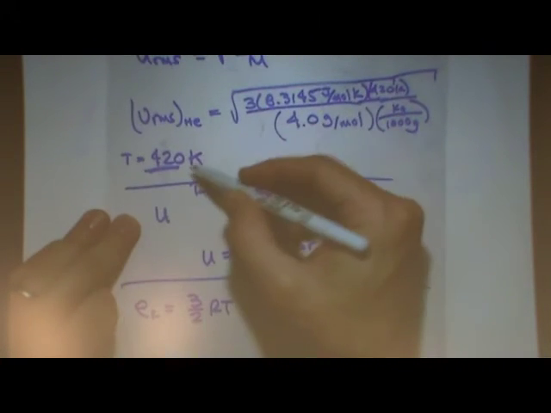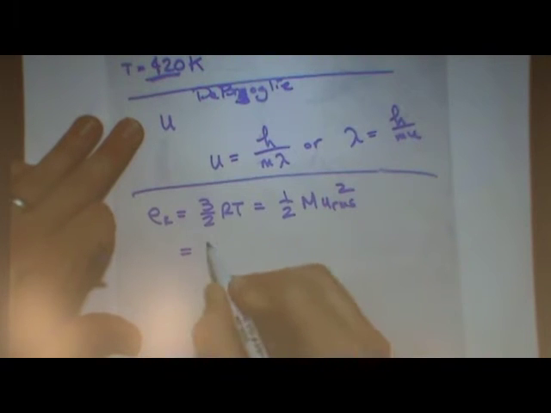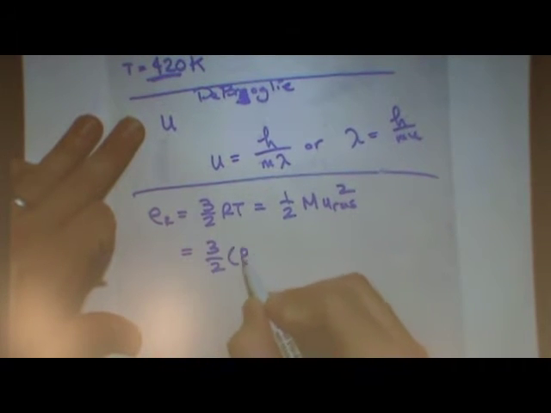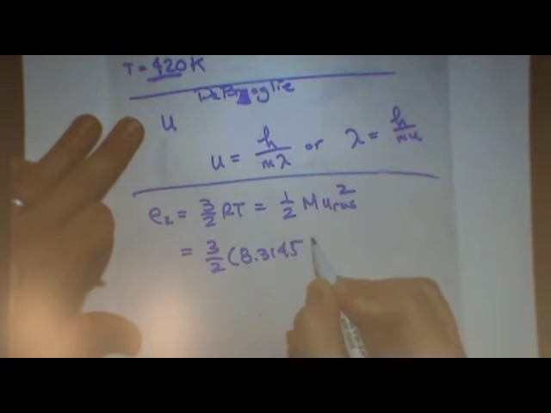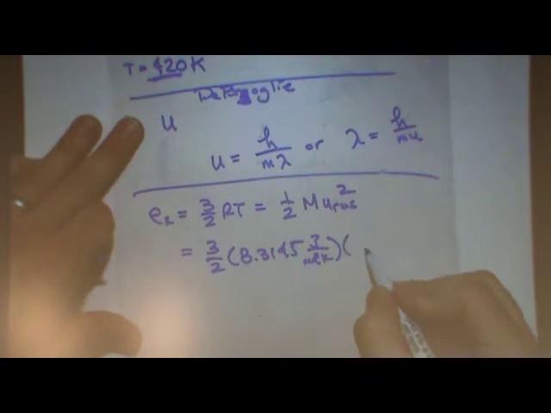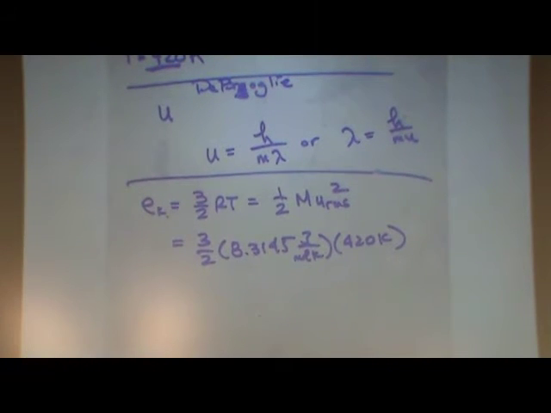But this again is plug and chug. If I give you the temperature, it'd be 3/2 R. Again, you use this one in all cases except the ideal gas law times temperature. And then you'd get something out of that. One more thing. Why did I want a high temperature?